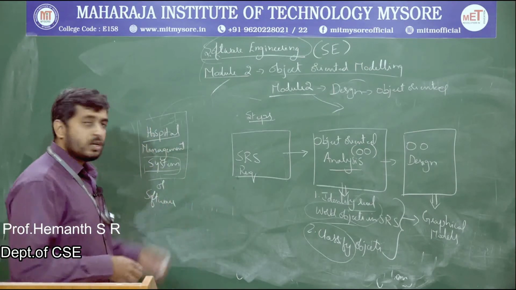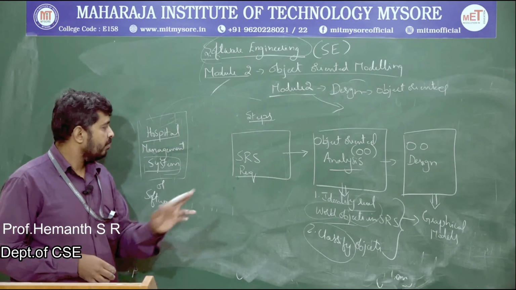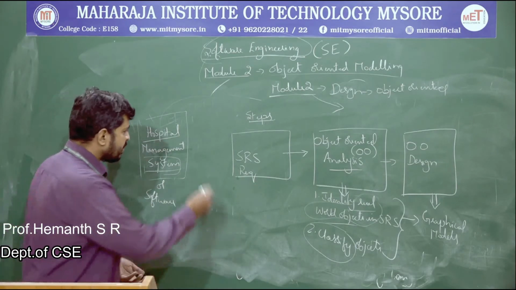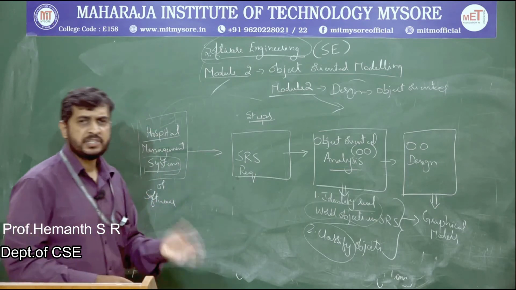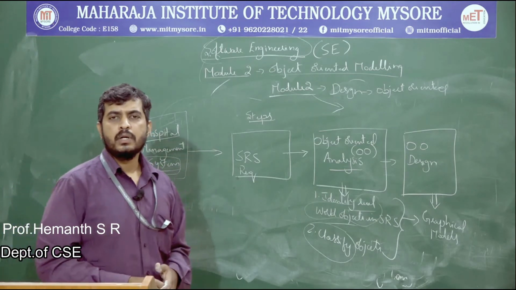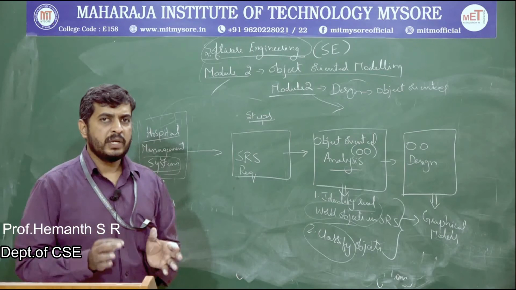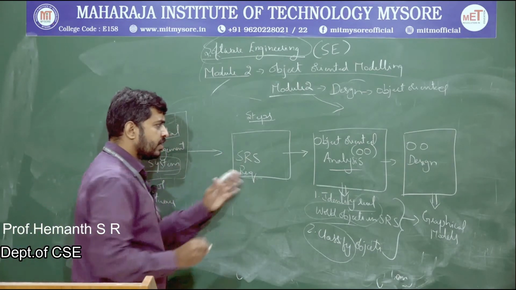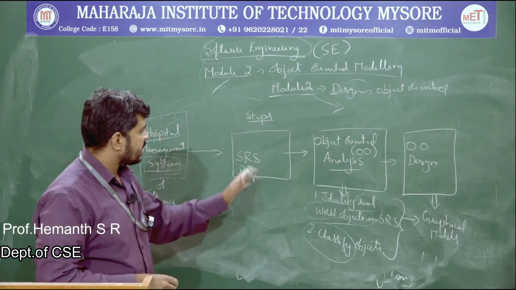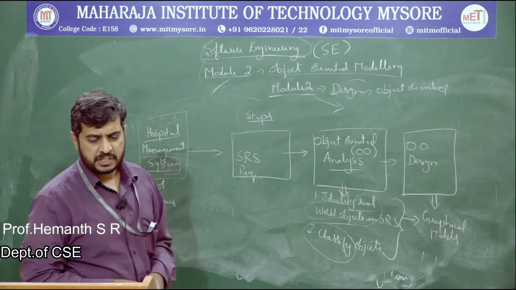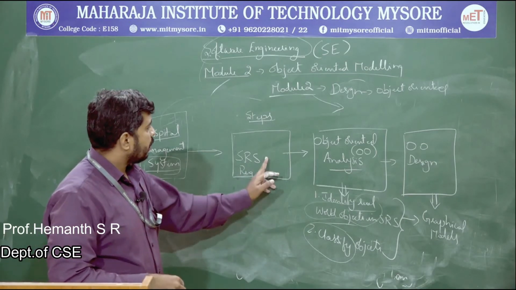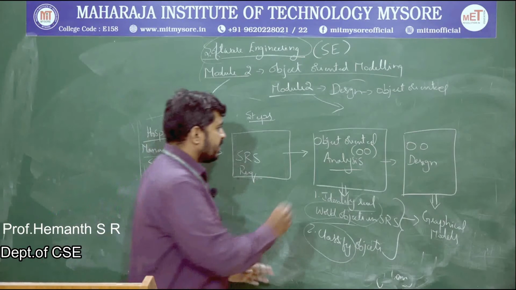TCS will visit Columbia Asia and discuss what exactly they are expecting from the software, what features, what functions, how they want the software to be. They will collect everything and document it, which is called SRS, Software Requirement Specification.